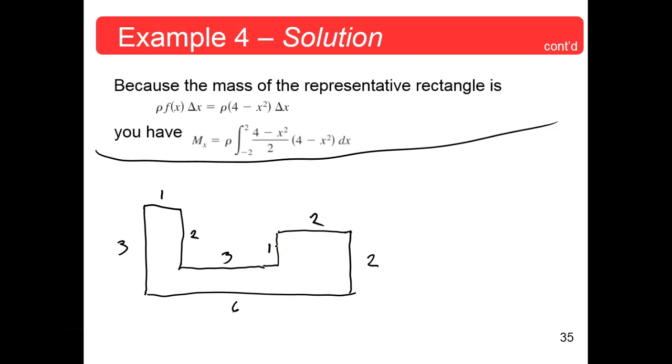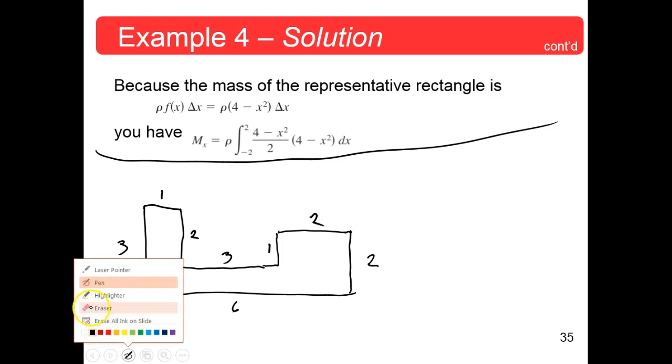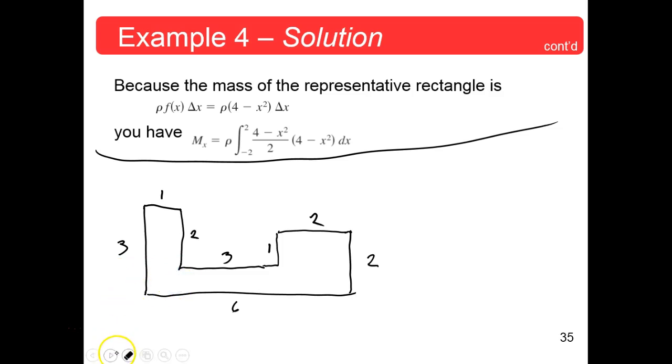It says find the centroid of the region shown in this. Now, they call it a lamina. And I guess I should have made that a dotted line, so let me erase that and dot that in, and dot this in. Now, because it's a lamina, it's uniform density, right?